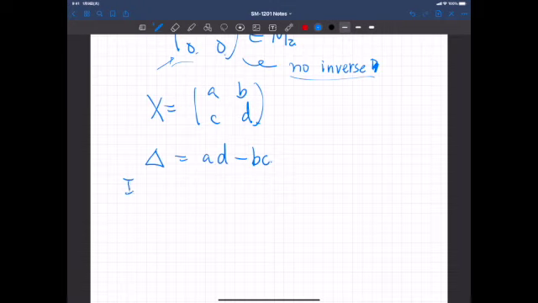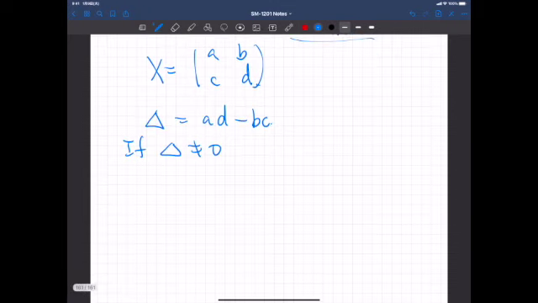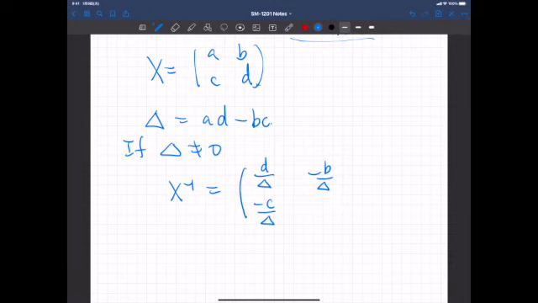And if this delta is not equal to 0, then the inverse matrix of X is given as this: D over delta, minus B over delta, and minus C over delta, and A over delta.